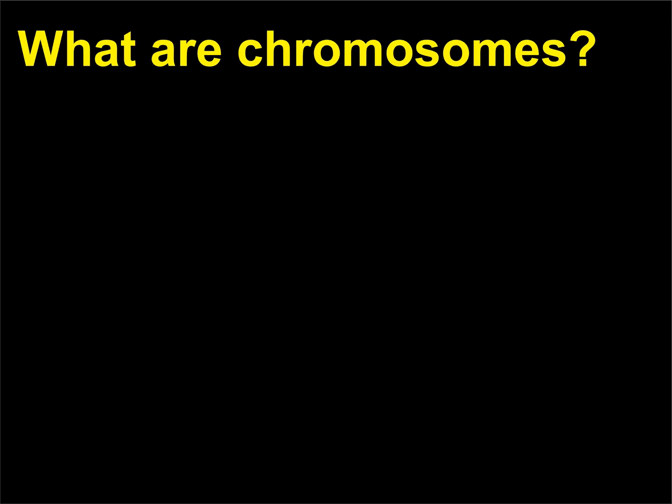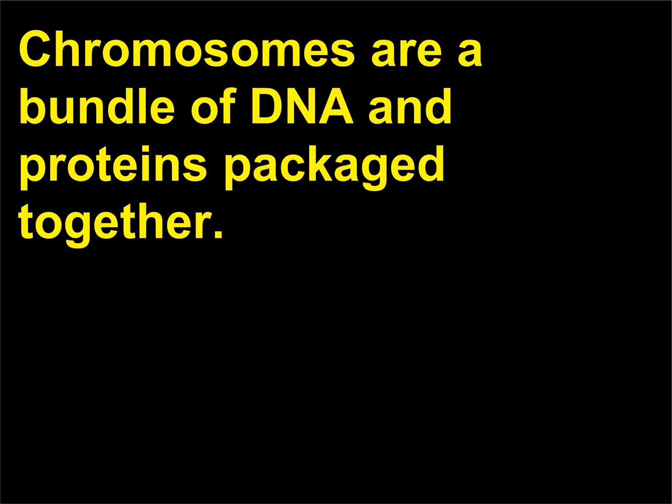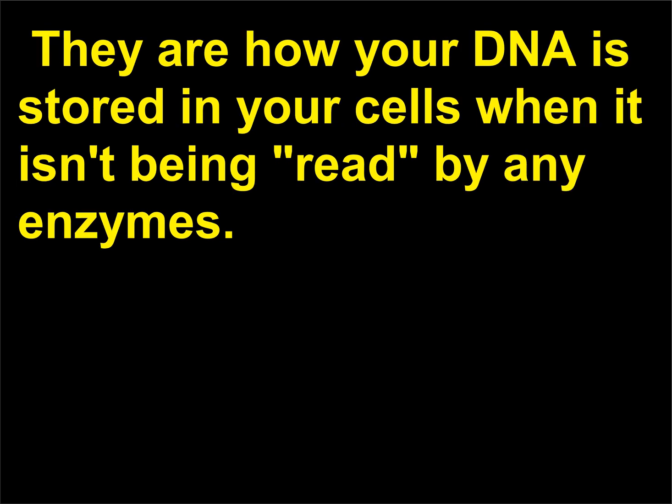What are chromosomes? Chromosomes are a bundle of DNA and proteins packaged together. They are how your DNA is stored in your cells when it isn't being read by any enzymes.